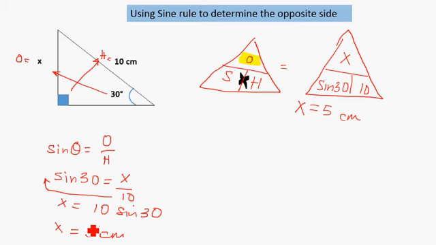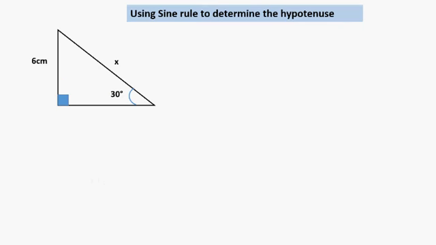Now let's look at the other example. Here we're going to determine the hypotenuse, and again this is only applicable to the 90 degrees. So which side is the hypotenuse? It's always going to be opposite to the 90 degrees, and that's the angle, and right across is your opposite side.